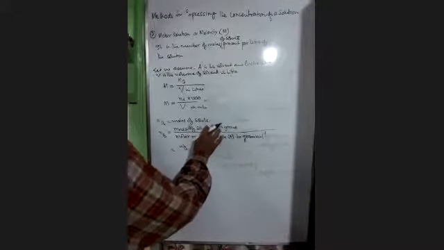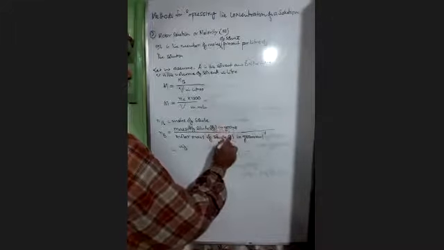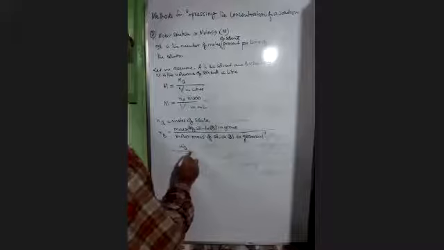So it comes what? Suppose I consider this one to be WB. NB is WB by MB. MB is the molar mass of solute, WB is the weight of solute. Right? So I can substitute this one here. So NB is this.